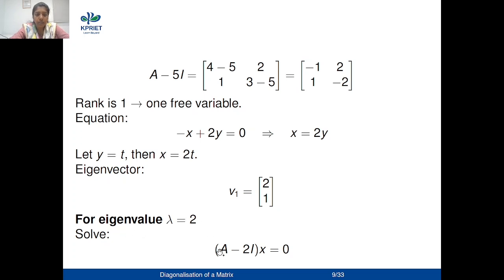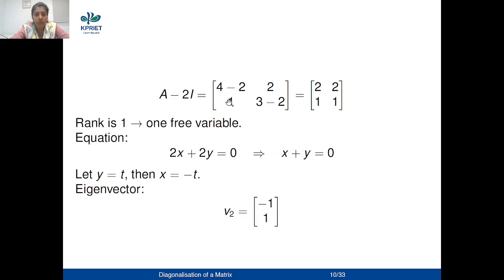Now let us consider this expression (A minus 2I) into x equal to 0. So here the given matrix has been reduced as 2, 2, 1 and 1. And since each row is a scalar multiple of the other, the rank of the matrix is 1, which means I can find one free variable.